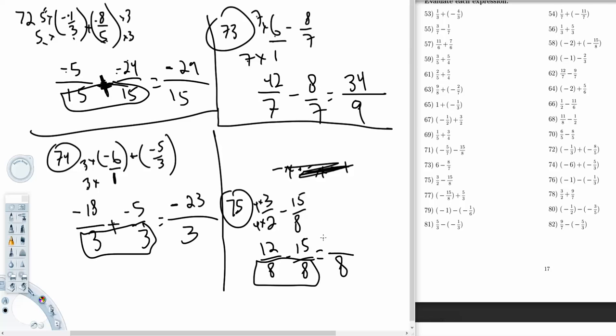You can think of it as 12 minus positive 15, or 12 plus negative 15. And when we're adding numbers like this, the highest sign is going to be your answer. So 15 is bigger than 12, so the answer is going to be negative. And then you subtract the two. So 15 minus 12 equals 3, negative 3 over 8.